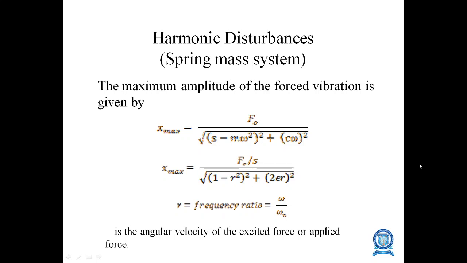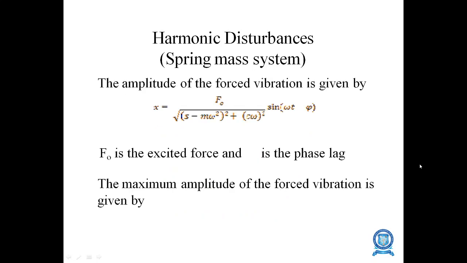Therefore, H max is equal to F naught by S divided by root of (1 minus r square) the whole square plus (2 epsilon r) the whole square, and the r value is the frequency ratio, which is omega by omega n. Here omega is the angular velocity of the excited or applied force.